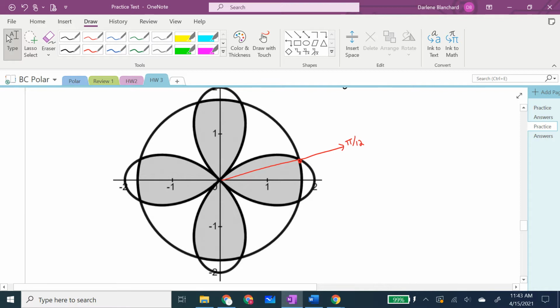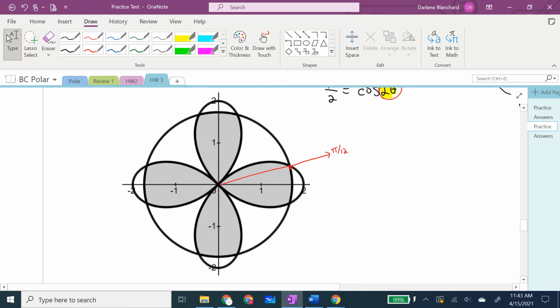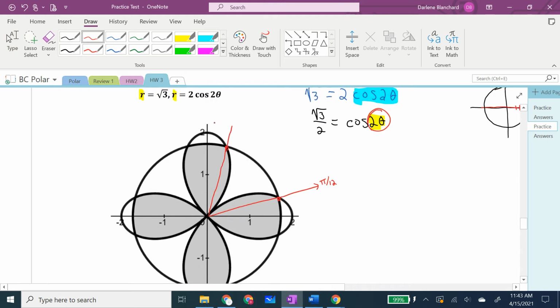So you should see that we've got pi over 12. That makes this angle a subtraction of pi over 12 from our pi over 2, and we could keep going. I think you've got that idea with symmetry at this point. So that's one issue.